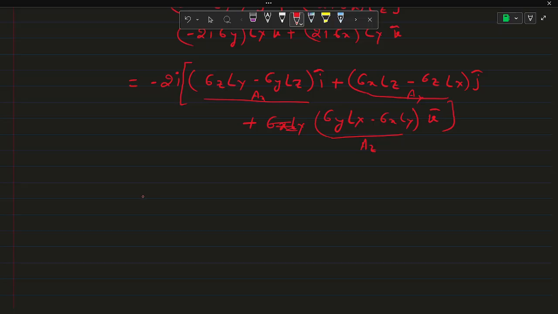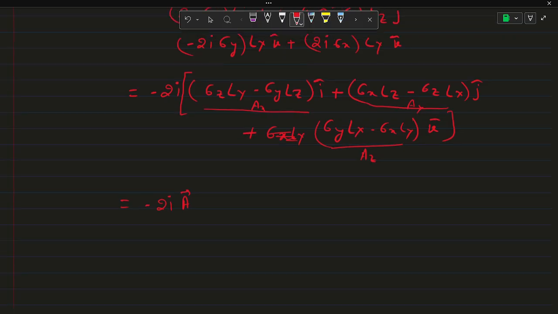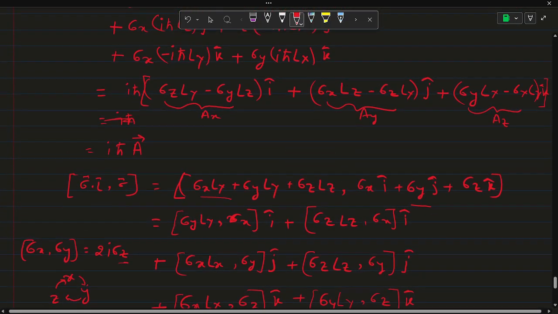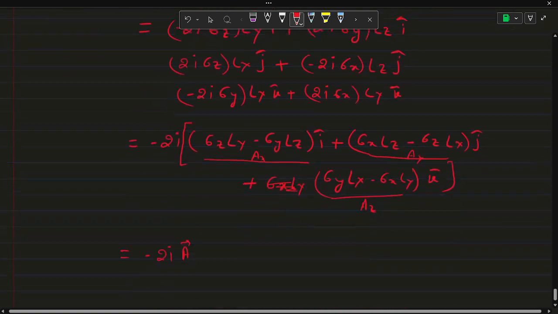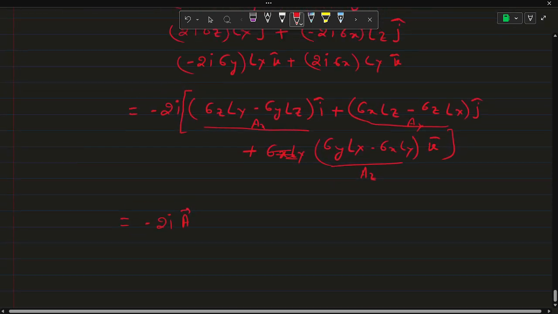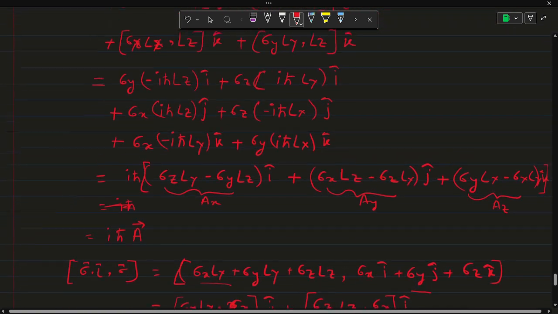So here what we are getting is minus twice i A. So the first part is i h cut A, and the second part is minus twice i A.